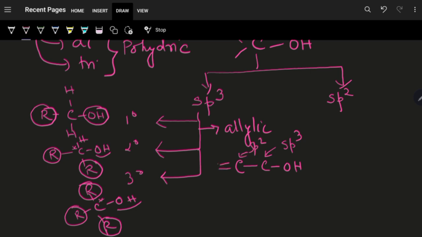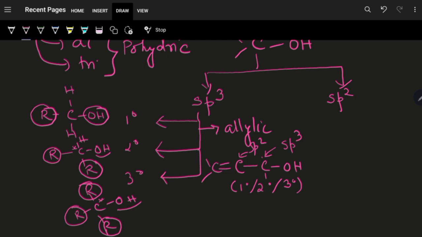So here is a carbon which is sp2, and this is your allylic position, and this will be an example of your allylic alcohol. Now this allylic alcohol can have two hydrogen atom or may not have two hydrogen atom if it is substituted. So this again can be a primary, secondary and tertiary.